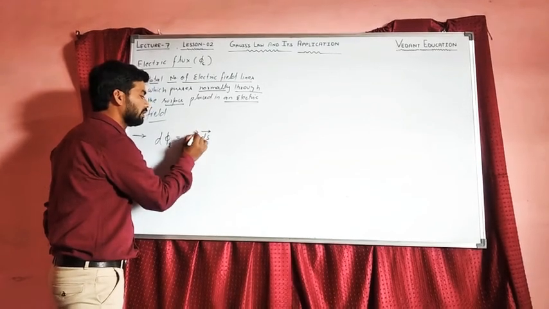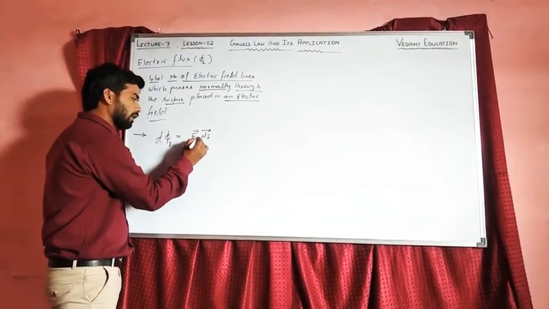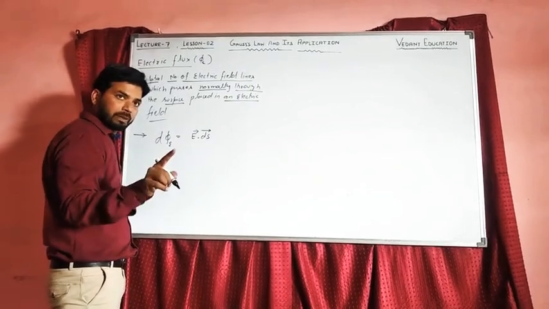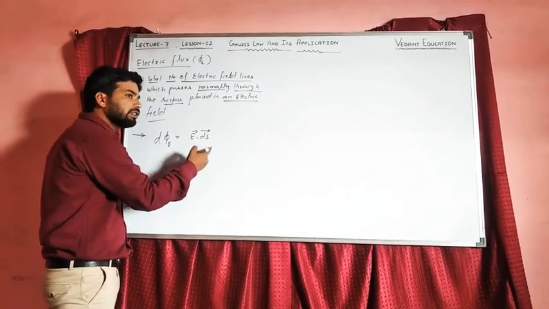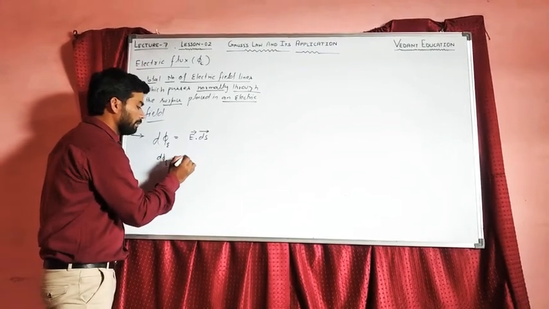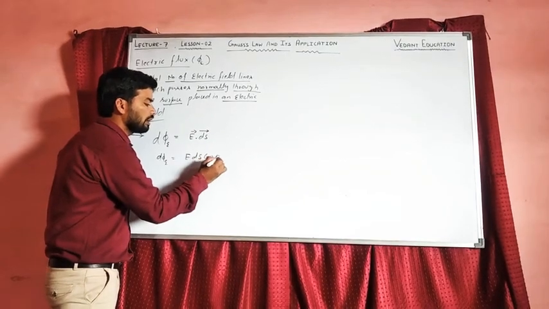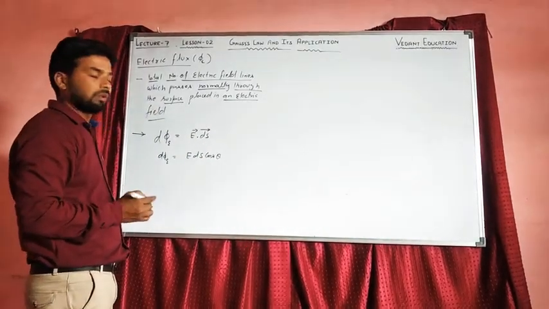For a small surface area ds, d phi E is defined as E dot ds, where the dot represents the scalar product. If we eliminate the dot sign, then d phi E will be E ds cos theta.